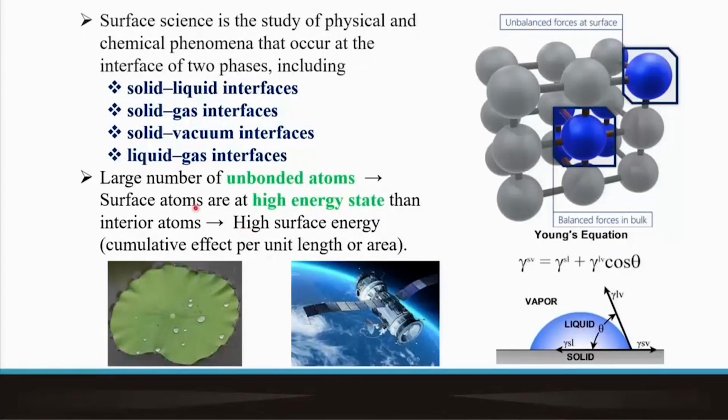Now, when you talk of the manifestation of surfaces, the first thing that we have to understand or keep in mind is that no matter how big or small, think of a solid, and that solid is made up of, let's say, it can in principle be made up of atoms or ions or molecules or radicals, or even in the limit it could be a few atoms put together in the form of a monomer and so on.